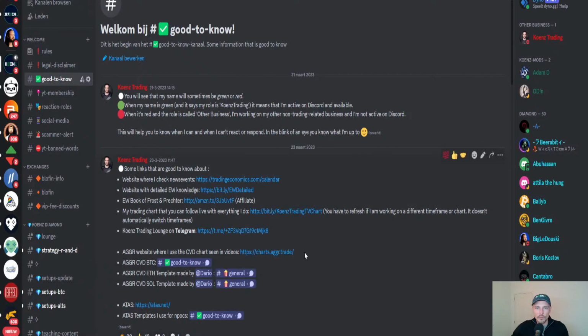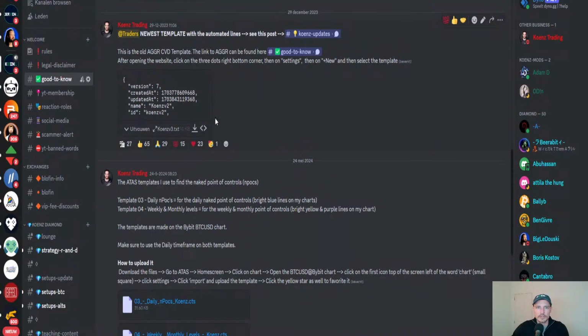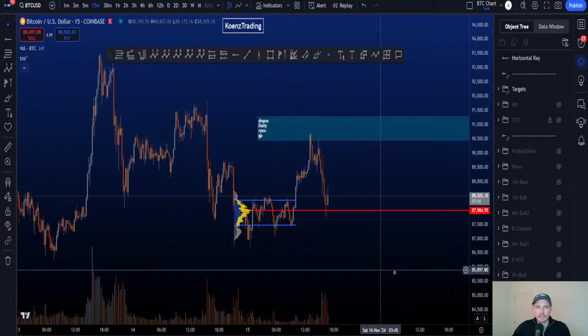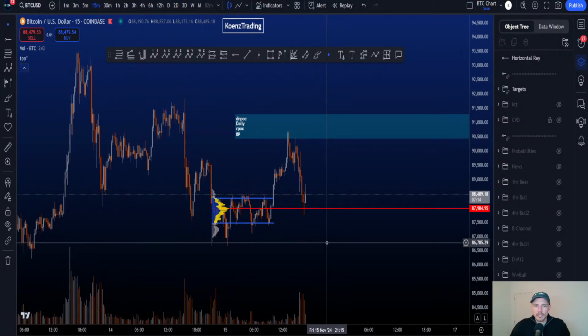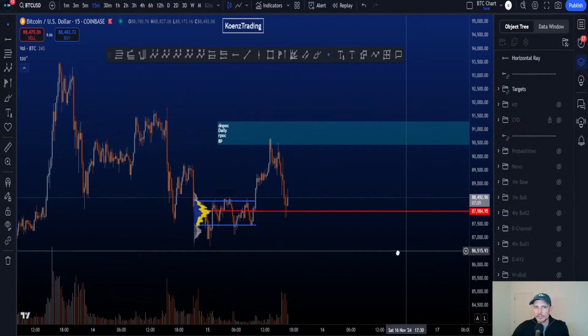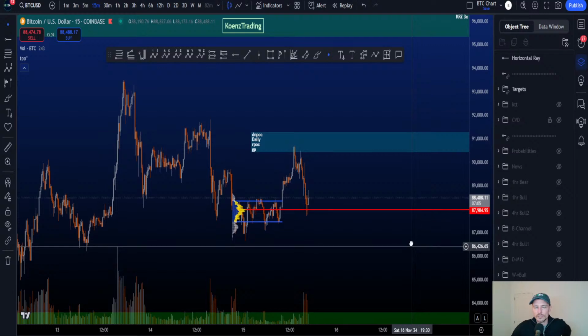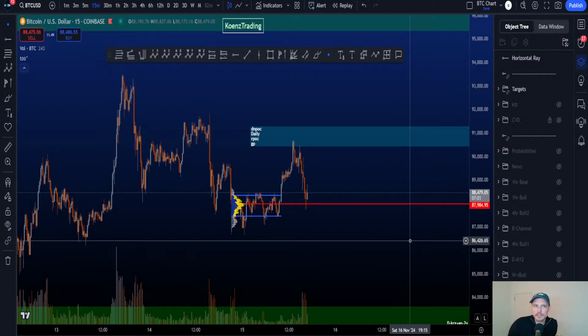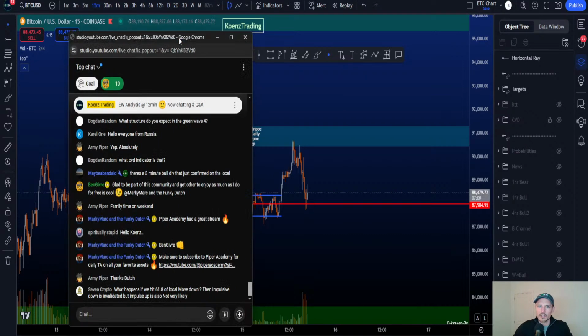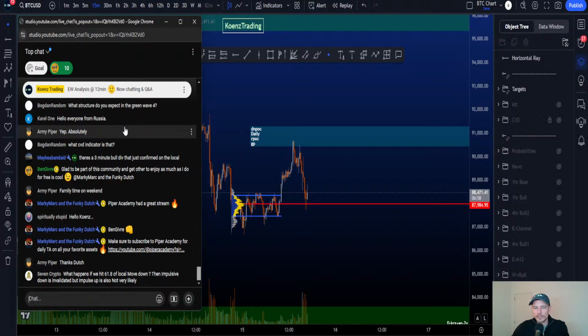Here's the website, charts.aggr.trade, and here is the template that you can download without the lines or here with the lines. The reason I use another platform, AGGR instead of TradingView, is because the CVDs on TradingView are not accurate. They're just not as good as AGGR. So I prefer using AGGR and have used it from the very beginning.